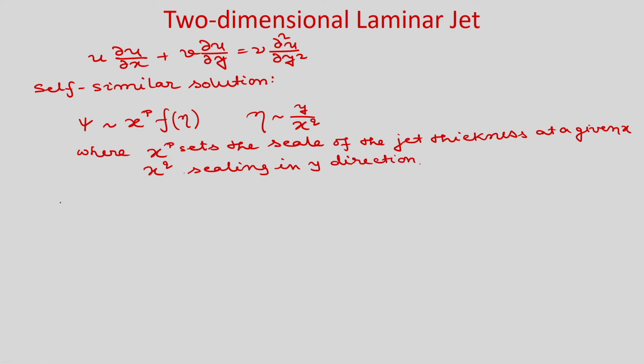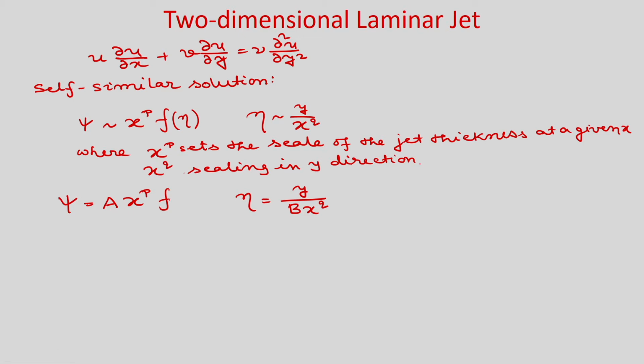Okay. So, we can use that psi is equal to some constant a x to the power p f, which is function of eta, and eta is y by b into x to the power q. Okay. So, a and b will be chosen in such a way that f and eta will be dimensionless.